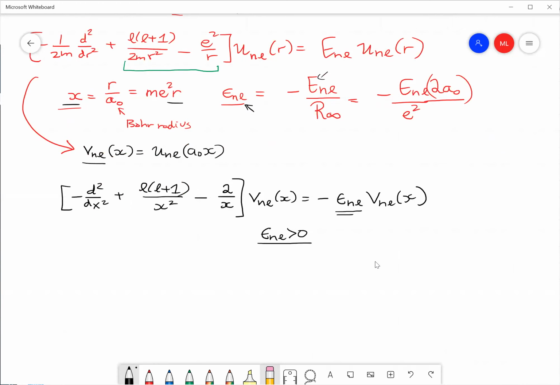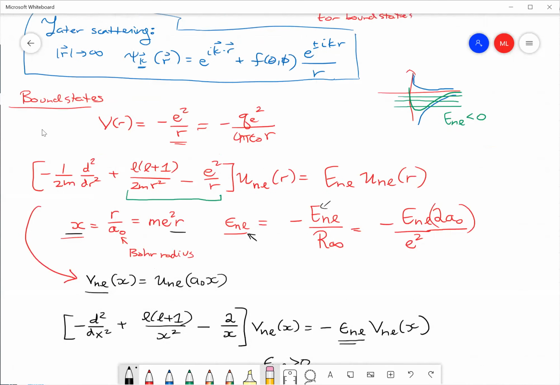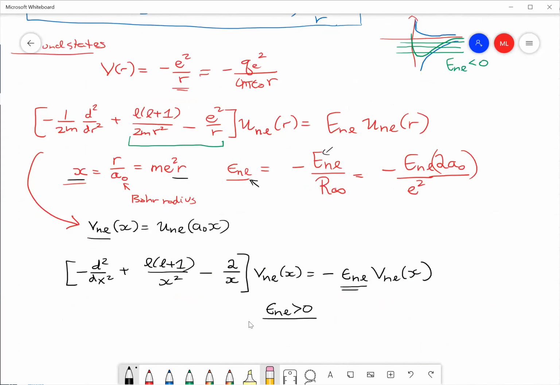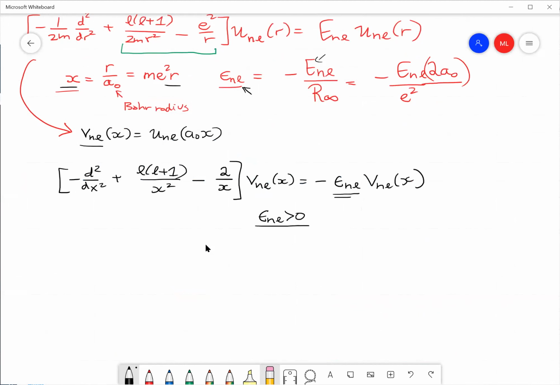And now we know a little bit about what happens for small x, because we saw that the u's have to go like r to the l plus 1. So the v's have to go as x to the l plus 1 for small x. But what about large x? We can also say something about large x. At large x, well, we would hope that these terms, since they're divided by x, are negligible, right?